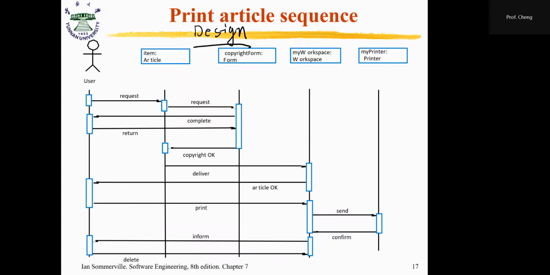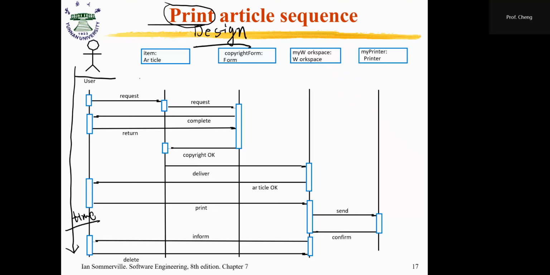Okay, let's see this example. This example is about printing for a laboratory system, for printing an article. Very simple, but the system will do many things. You will see this vertical line is time.